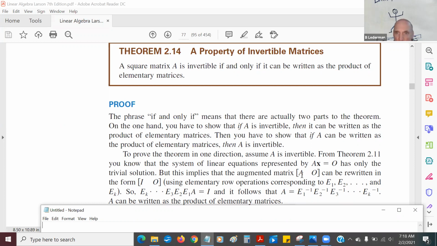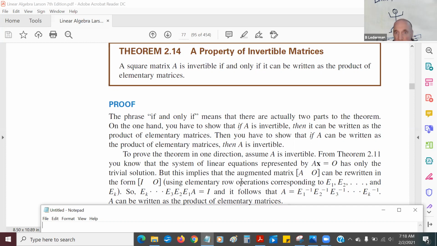Now the A turned into an I, but the 0 stays a 0, because when I add rows, multiply rows and switch rows, the rows on the right side are all just zeros. But what did I do? I did all my elementary row operations, and that's how I got the A to look like the I.